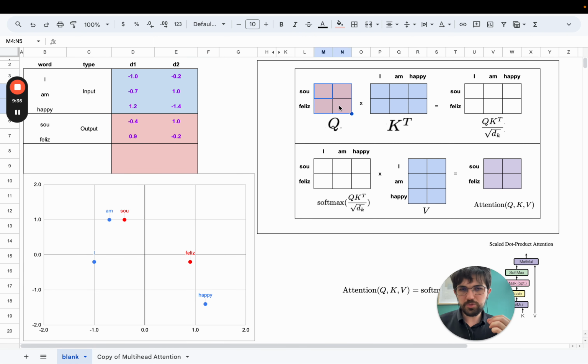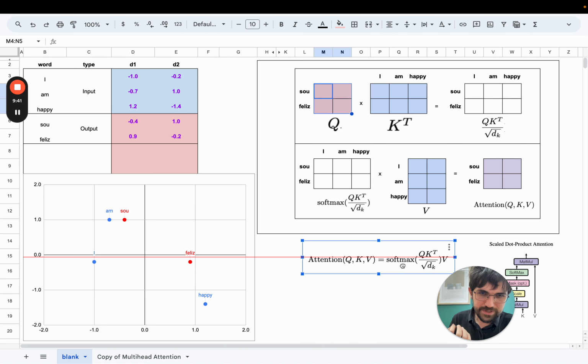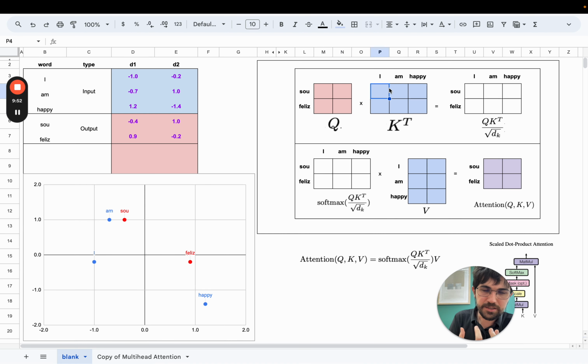So the first thing we will do, we have this equation. Let's place here what we need, and what we need is actually to do this softmax equation between the key, query, and value. But first let me declare those vectors that we'll be using.